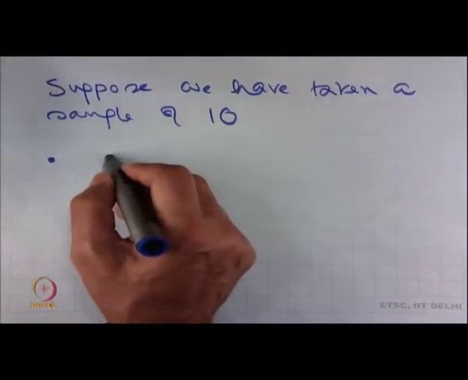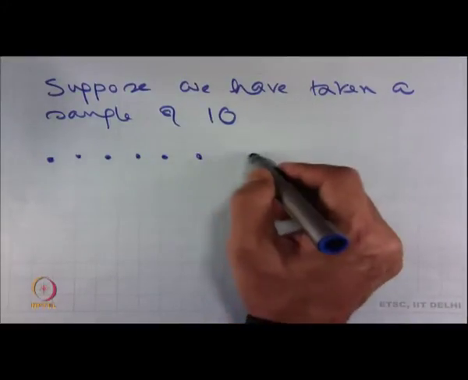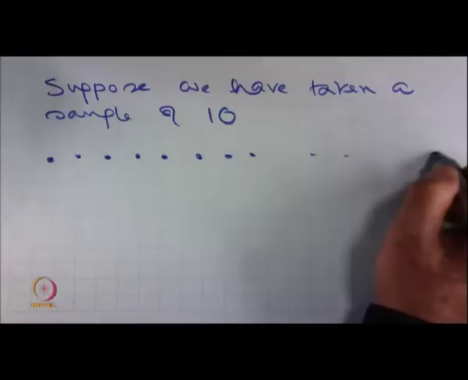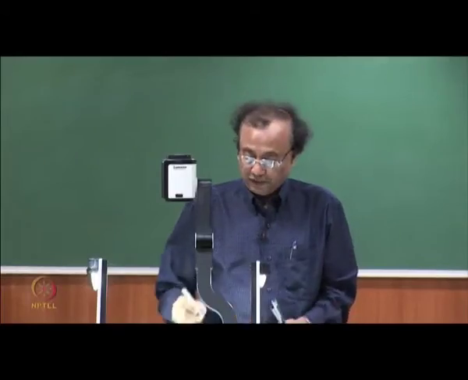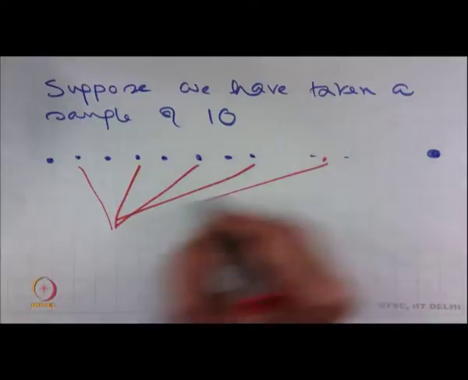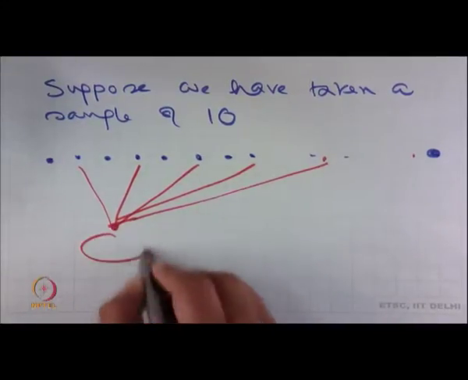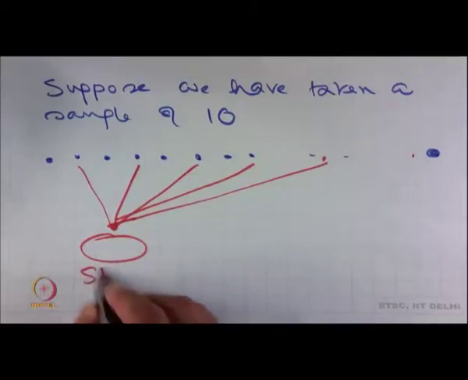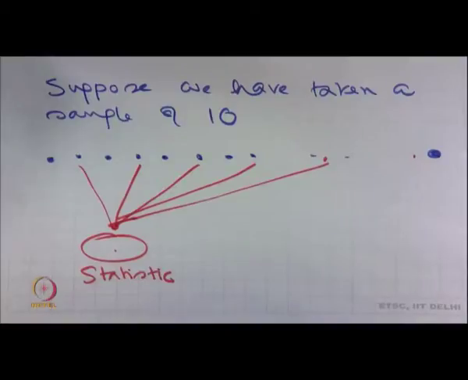Suppose this is the entire population and we have taken 10 samples out of it, and suppose I compute the statistic. Why is this a random variable?